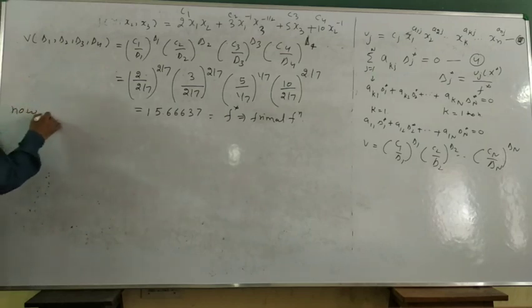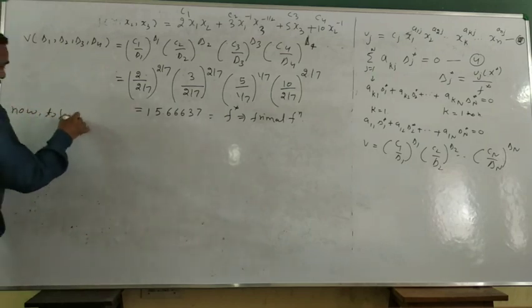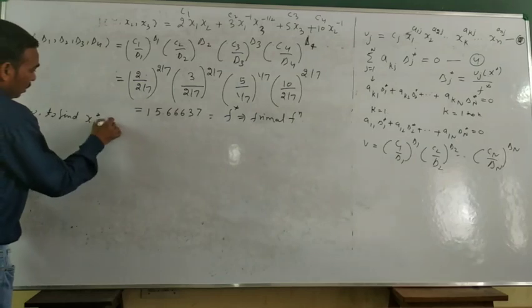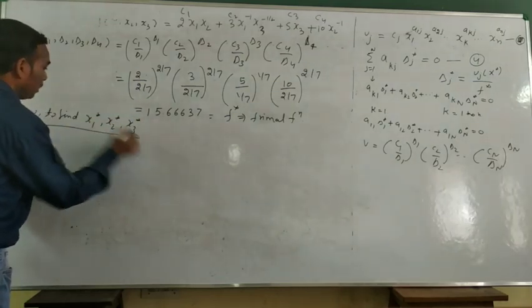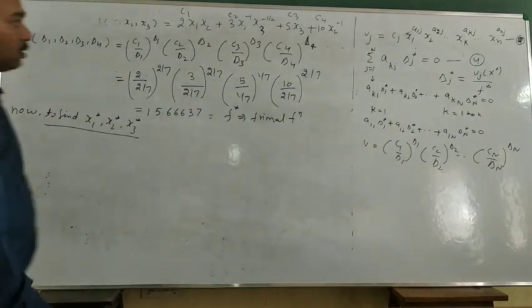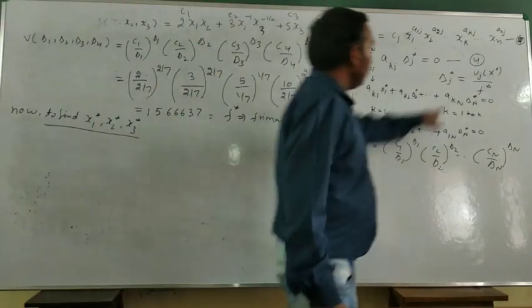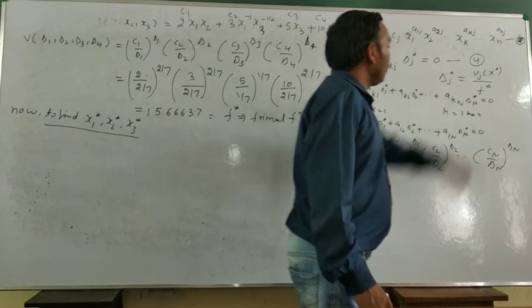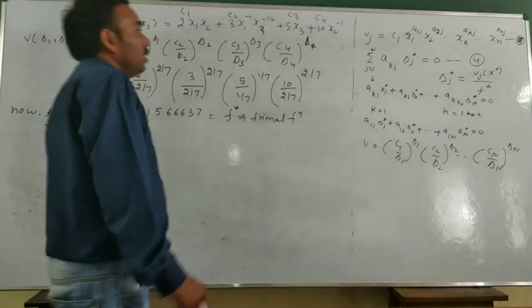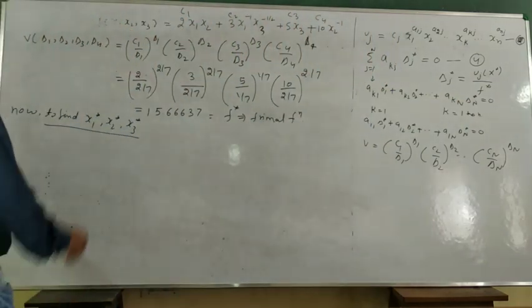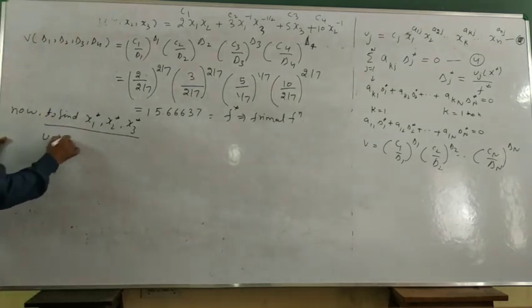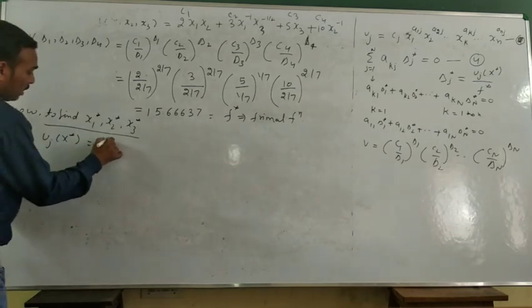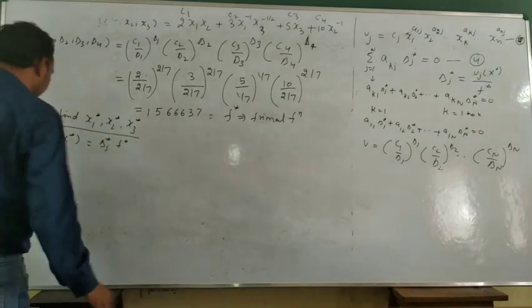Now to find x1 star, x2 star, x3 star, as we know that del j star equals uj star upon f star, we can write uj of x star equals del j star f star.